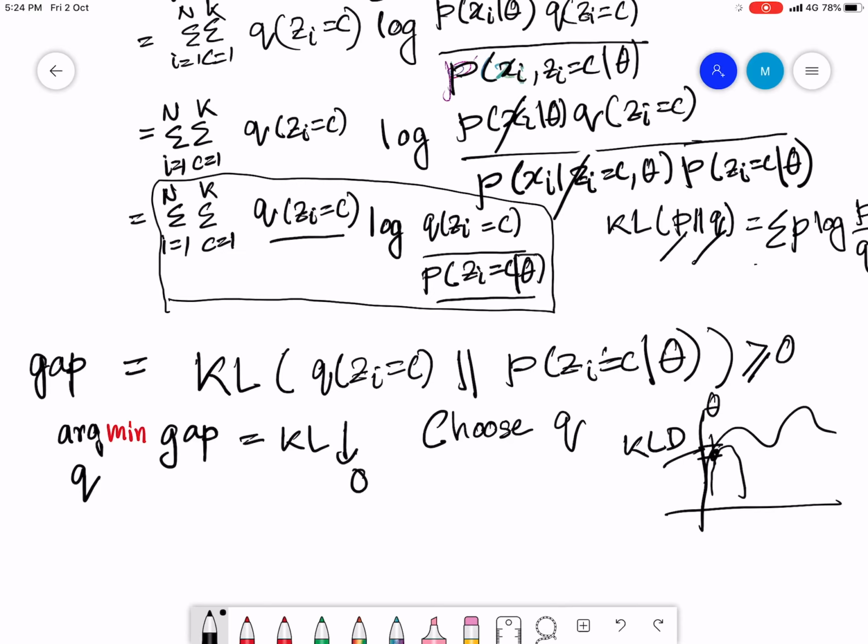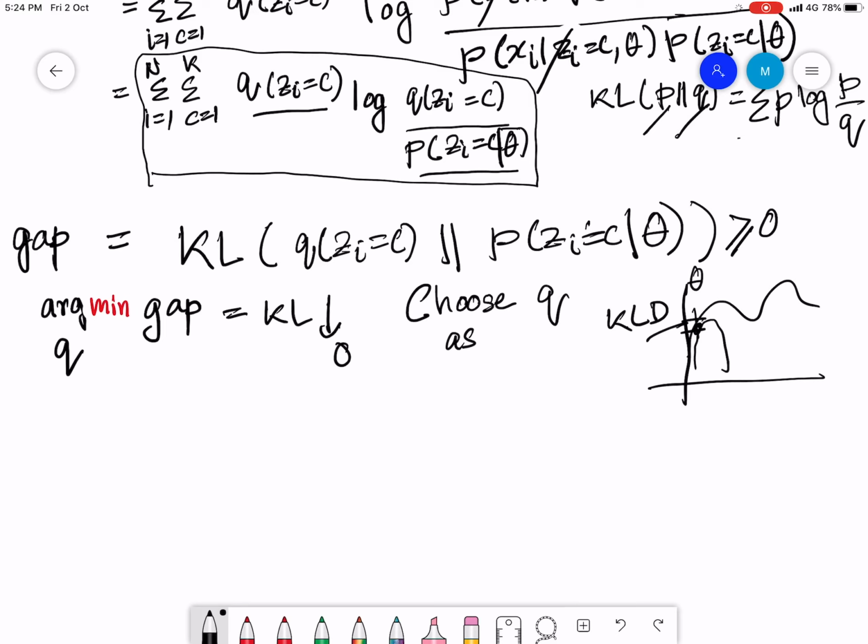When it is equal to 0, the Q distribution is nothing but equal to the distribution P(zi = c given theta) at that particular theta. So choose Q as Q(zi = c) equal to P. Choose Q as nothing but the conditional distribution of the latent variable Z given theta.